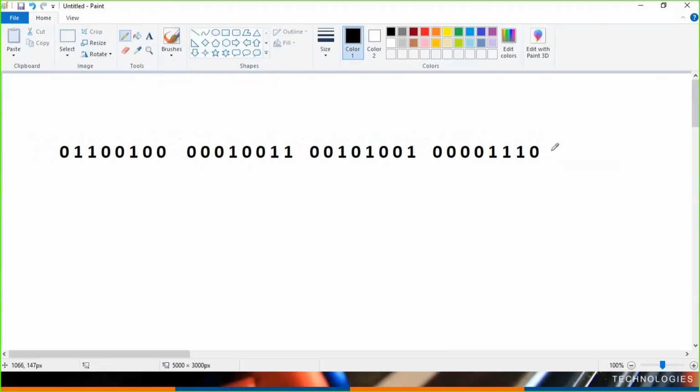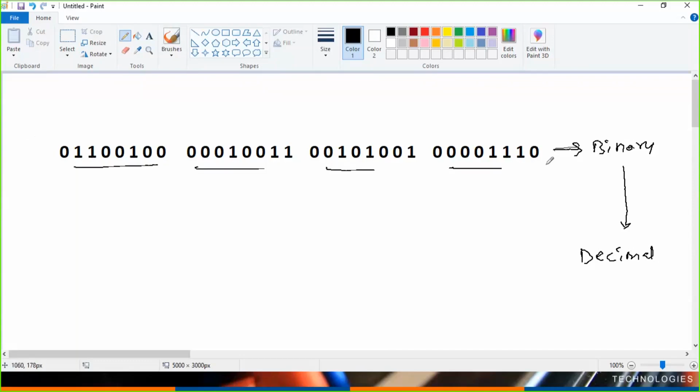This address is in binary format, which machines can understand. As users, to understand it, we need to convert it into decimal format. Before understanding how to convert from binary to decimal, the entire 32 bits of an IPv4 address is divided into 4 portions: the first 8 bits, second 8 bits, third 8 bits, and fourth 8 bits.